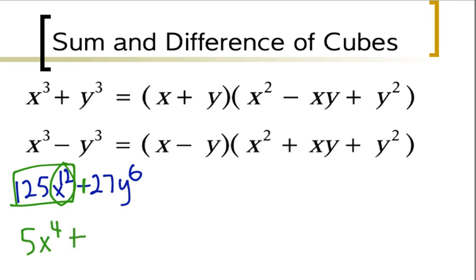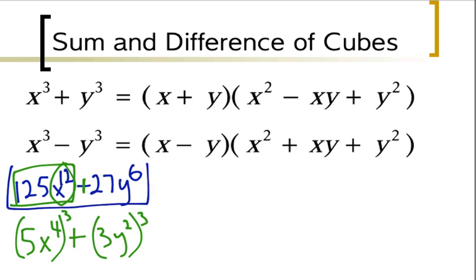Plus, so this is cubed, plus 27 has a cube root, which is 3. y to the 6th, we worked out earlier, or x to the 6th is what we had earlier, but y turns into y squared to the 3rd power. Okay, so now this is a sum of cubes, even though it didn't really look like it at the beginning.